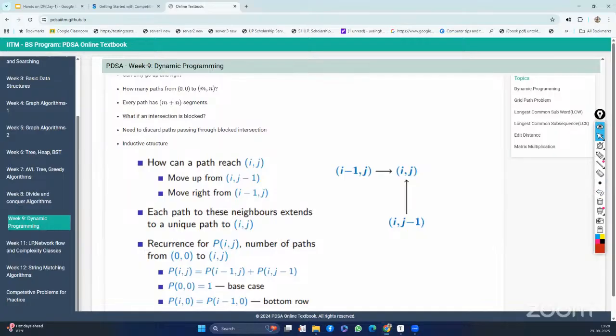To calculate all paths for any point, just take the value of the left path and the value of the other path, and add up these values. So you will get the total number of paths possible till this point. The initial setup you have to do like this, so let me just show you.